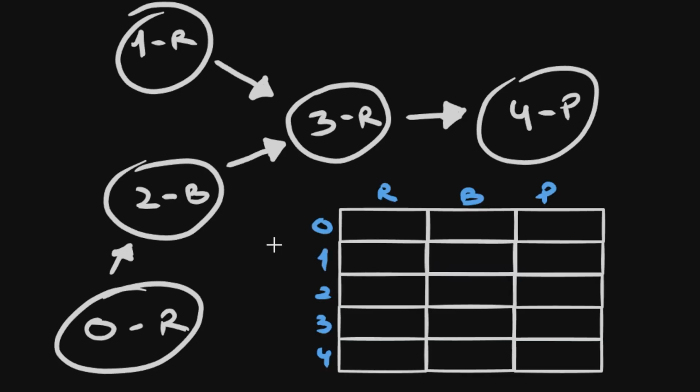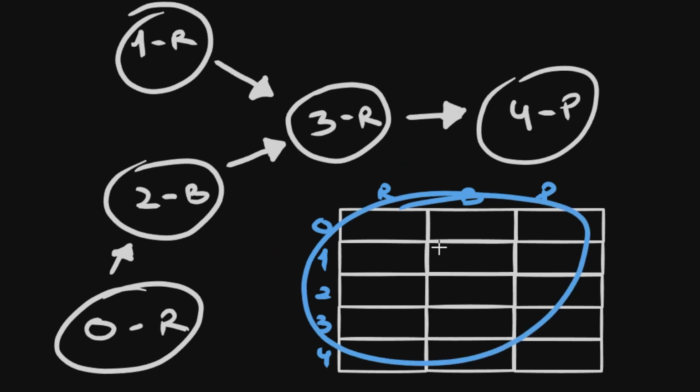Okay? Now we will also have this matrix or nested array or frequency map, whatever you want to call it, where we will use rows for nodes and columns for colors. And here we will store frequencies for each color at every node.